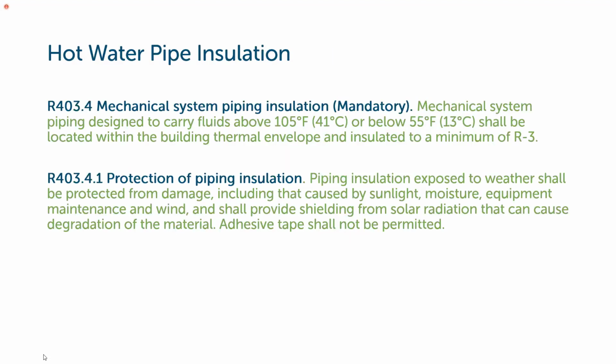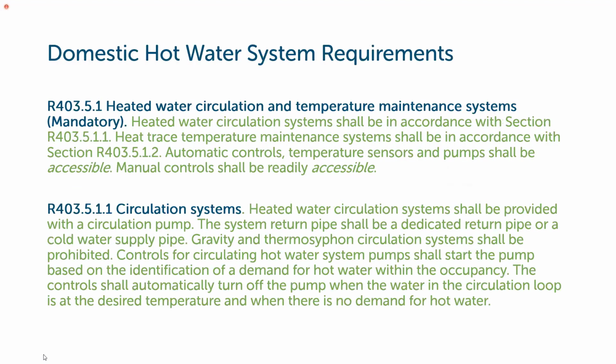So just the last couple items to make note of from the code directly. Pipe insulation is required on the supply side for heating equipment within the building, and protecting the pipe insulation. There are requirements around domestic hot water performance and circulation systems.